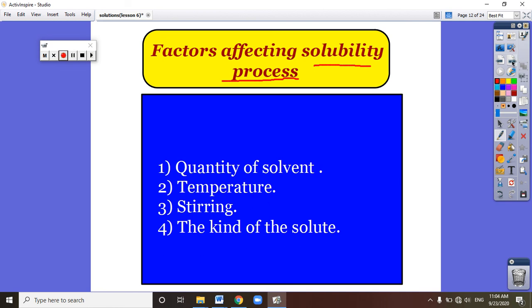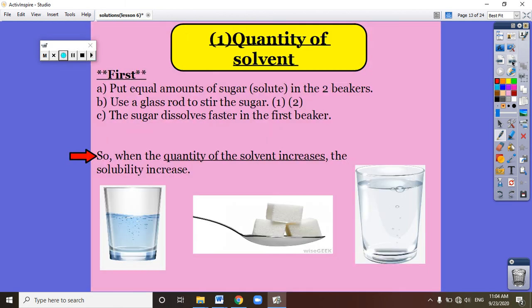Let's start with number 1 to understand the meaning of the factors that affect the solubility process. We will make an experiment. We have here 2 cups of water. We will fill this glass with a small quantity of water. The water represents here the solute or the solvent? Very good, the solvent.